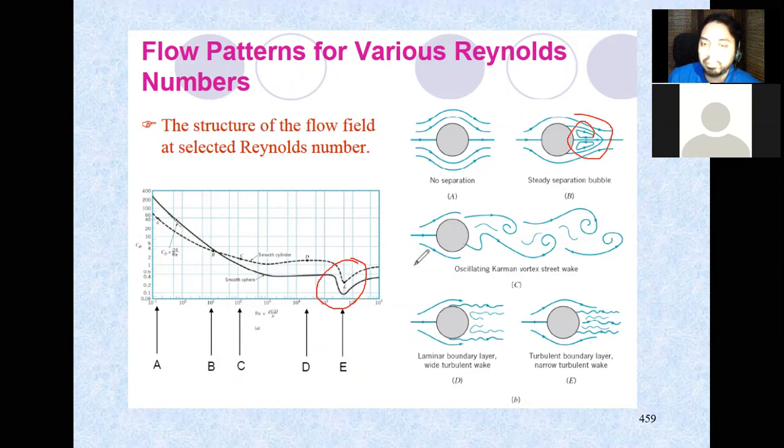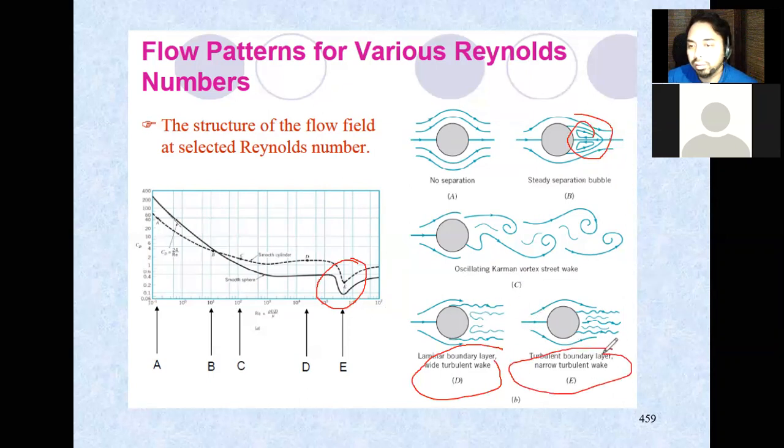And then on part D, you have increasing Reynolds number and it becomes turbulent. Then on E, where you have this sudden decrease of CD, you have delayed separation.